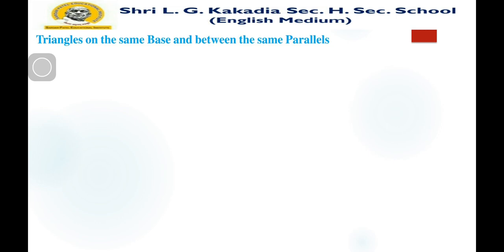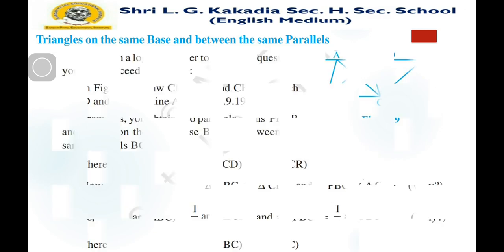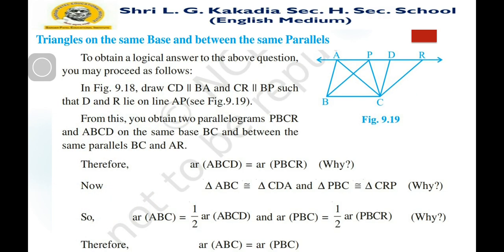Now triangles. Let me discuss the triangles on the same base and between the same parallels. Now here are given two triangles, as you can see here, triangle ABC and triangle PBC. We want to prove that ABC and PBC have the same area.